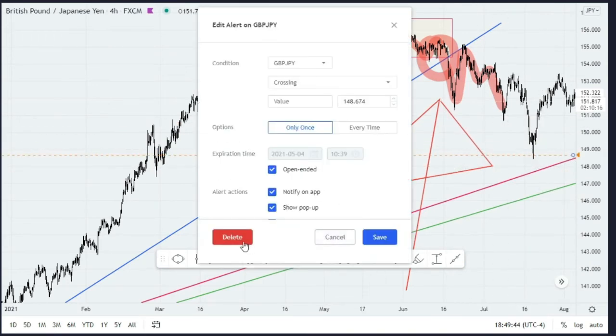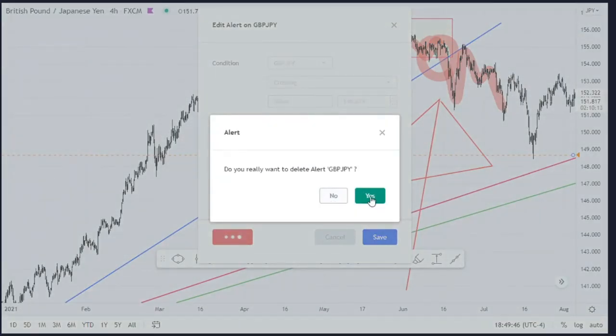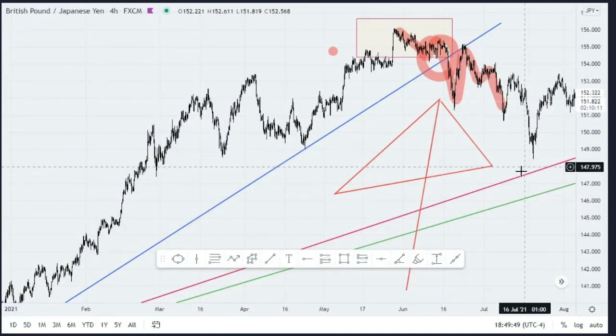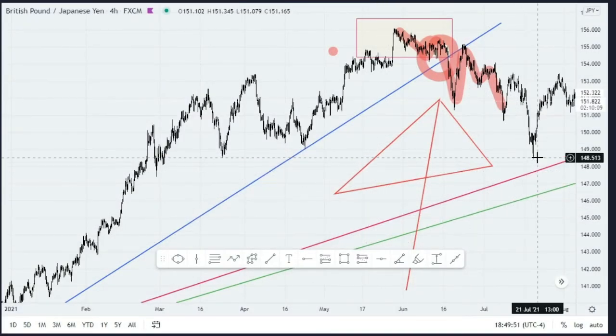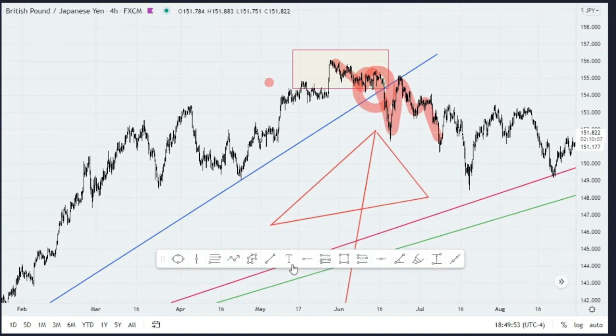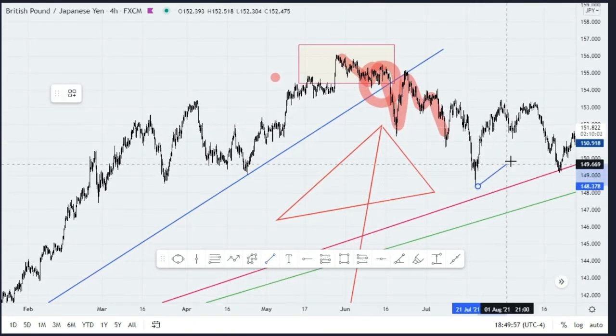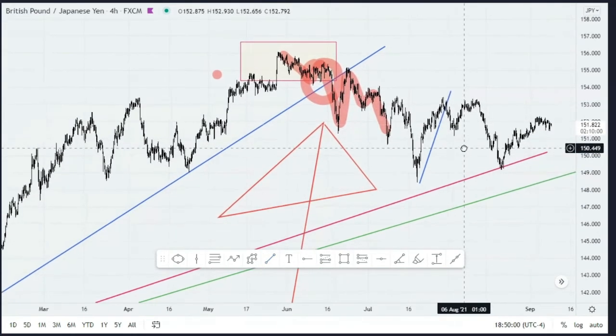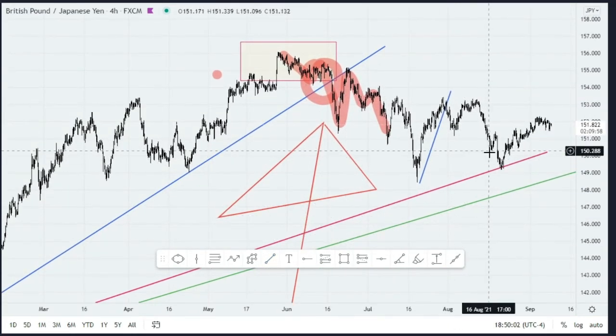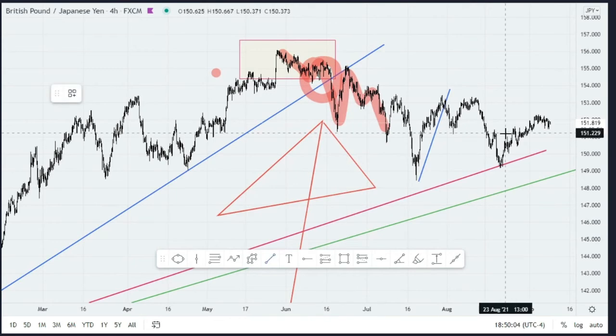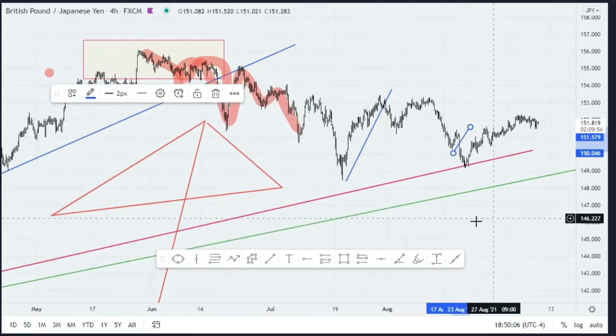What would be the example? Somewhere in here. Or maybe entered here. Or maybe entered here.